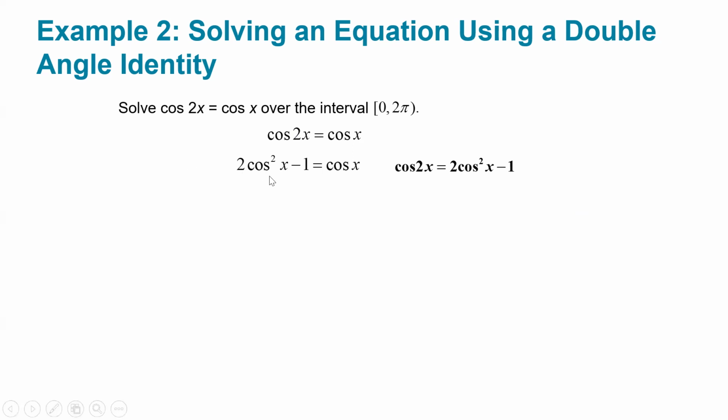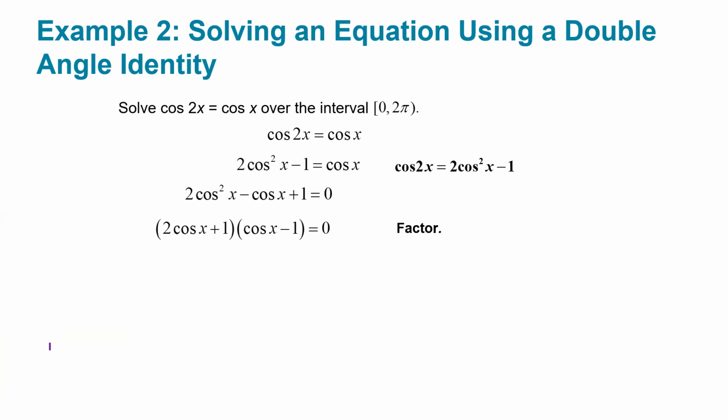Now that we plug that in, you can either use substitution or understand that this is just a quadratic problem, right? Because it's a quadratic problem, I need to get one side equal to 0, so I subtract cosine. Now all I have is 2 cosine squared x minus cosine x plus 1. I'm asking myself what multiplies to give me 2 but adds to give me negative 1, and I do the math and it comes down to a factored form.